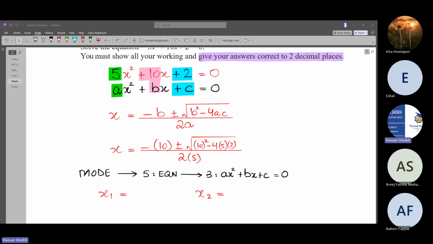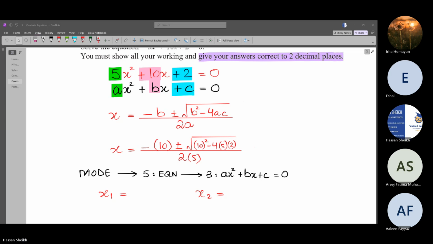Just press mode. Don't press shift. Press mode. Don't you find equations? You find equation EQN. Just search for this option in your calculator. EQN. You'll find equations.